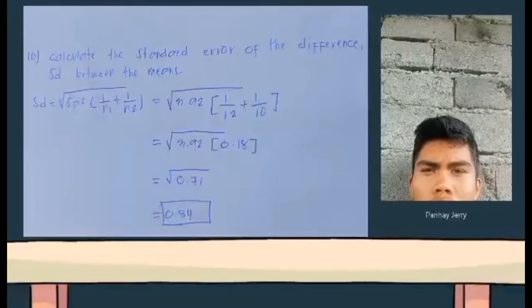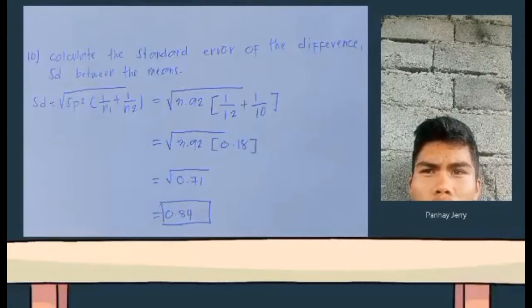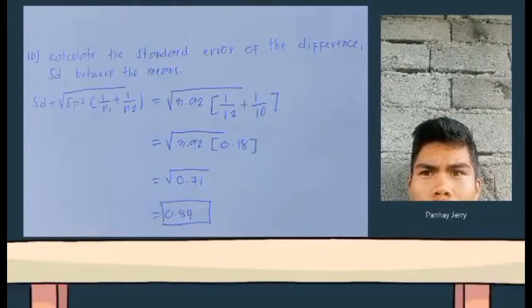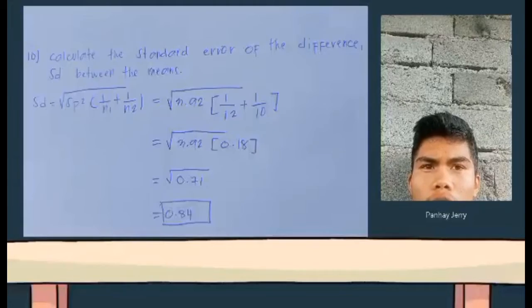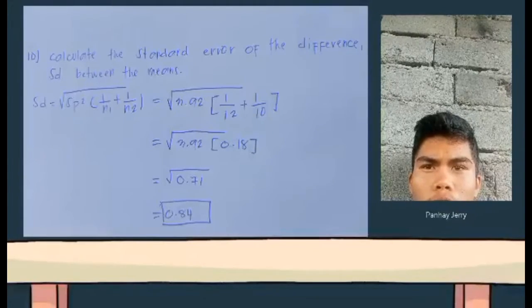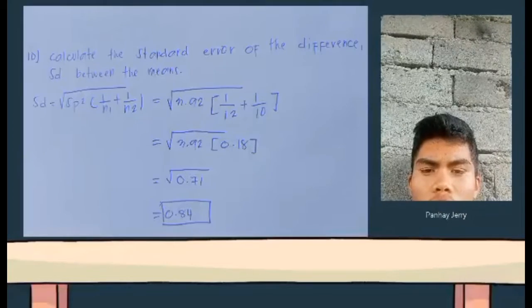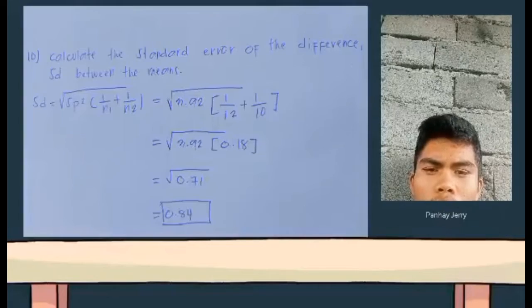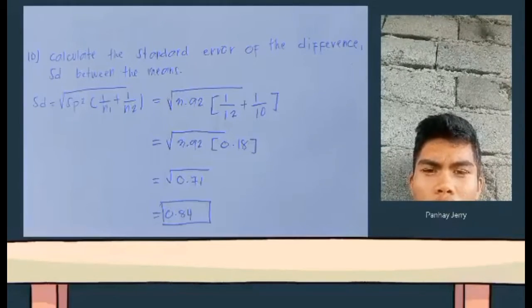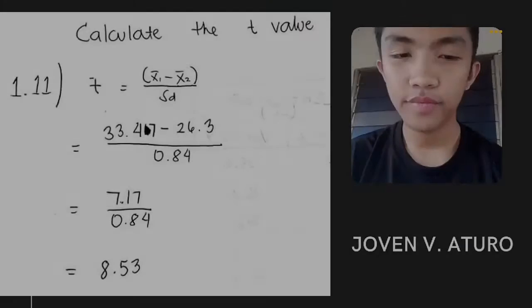First we need to calculate the two sample sizes: 1 divided by 12 plus 1 divided by 10 equals 0.18. Then the square root of 3.92 times 0.18 equals the square root of 0.71, which equals 0.84, the standard error.